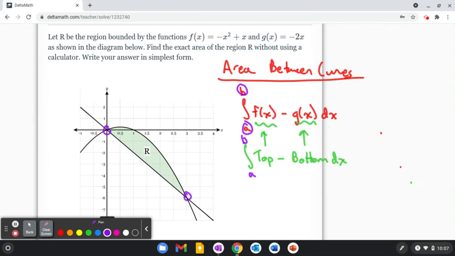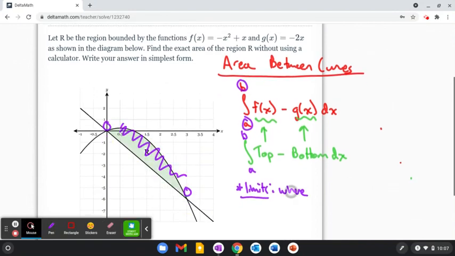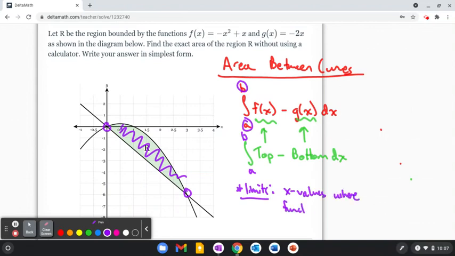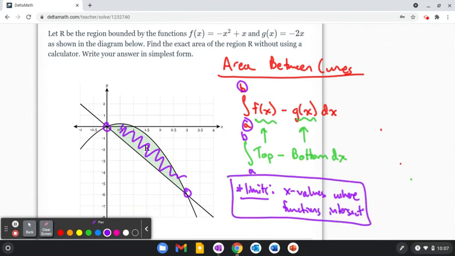In this particular example, you can see the two places where they intersect, where we were trying to find this region R. The limits, and you might want to make note of this, are not the places, but the x values where the functions intersect. Very important note there. That's how we come up with the a's and the b's. They're x values where the functions intersect. So not y values, they're x values.